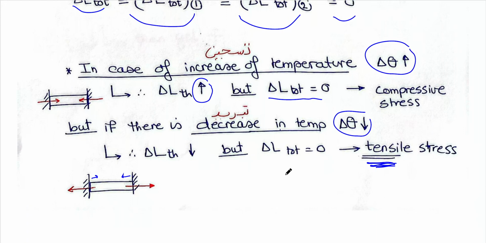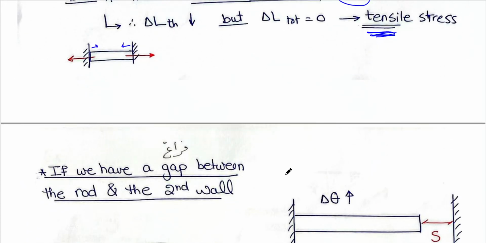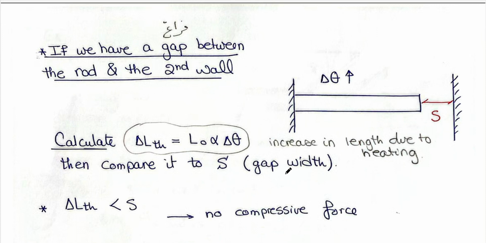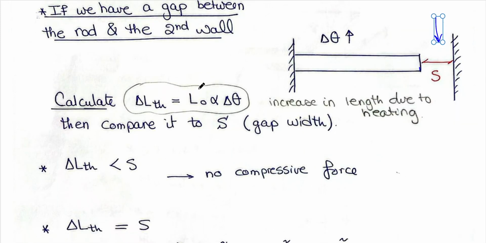The last idea we want to discuss with thermal strain: if I get the rod and put the two rigid walls, but I leave a gap, an empty space between the rod and the wall. So we have a gap, an empty space between the rod and the second wall. What will happen? First, I will calculate delta L thermal.